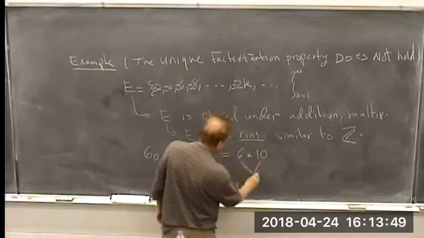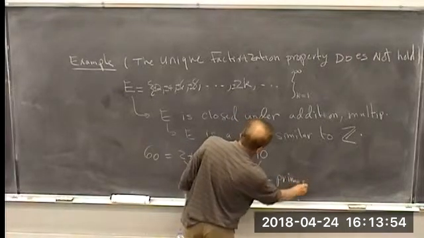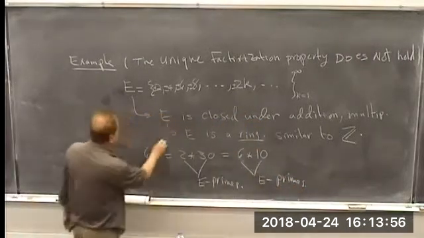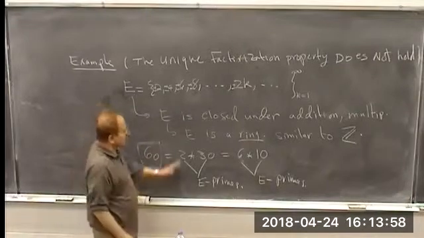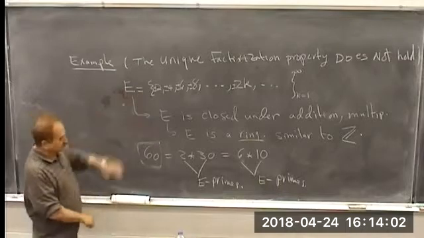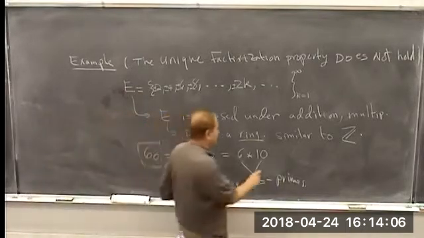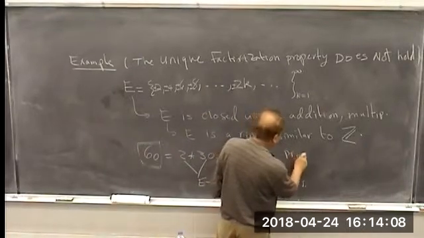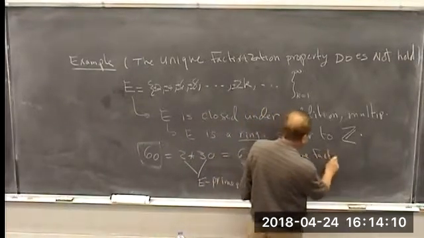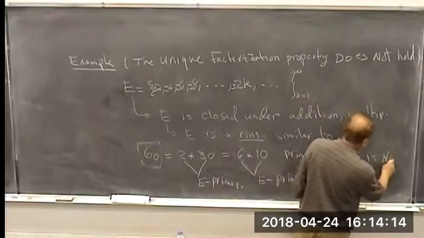And again, these are E primes. So we have 60, and we are able to express it as a product of primes in this system in two ways, and so we don't have uniqueness. So the prime factorization in E is not unique.